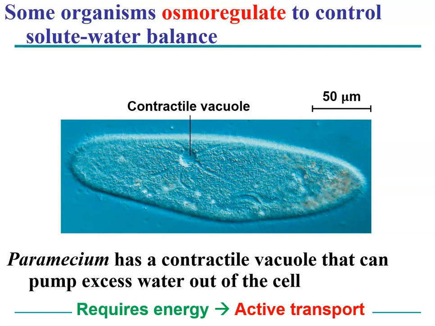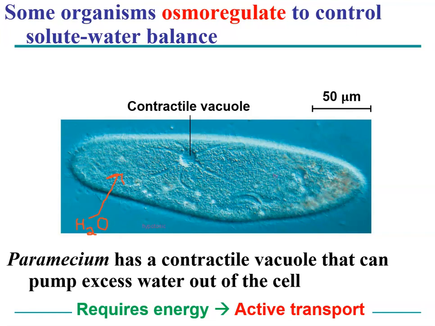the paramecium is basically bathing in fresh water, which it always is, water through osmosis is always going to be rushing into the cell, into the paramecium, because the fresh water around the paramecium is hypotonic compared to inside the paramecium's body, which would be hypertonic.